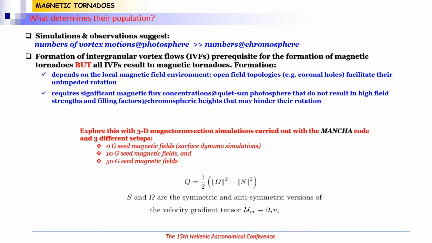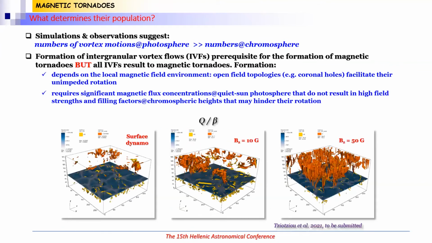Okay, so we have three different setups. A zero Gauss seed magnetic field, therefore surface dynamo simulations, a 10 Gauss and a 50 Gauss seed magnetic field. And we looked at vorticity by taking the Q criterion, which takes into account the symmetric and anti-symmetric versions of the velocity gradient tensor, where omega defines the vorticity tensor and S defines the strain tensor.